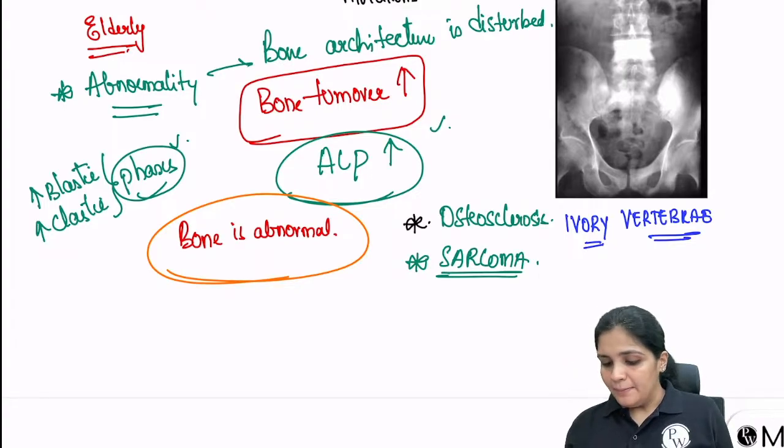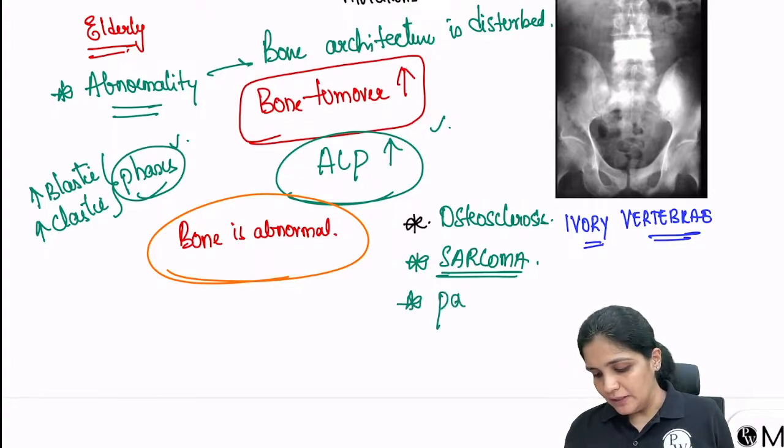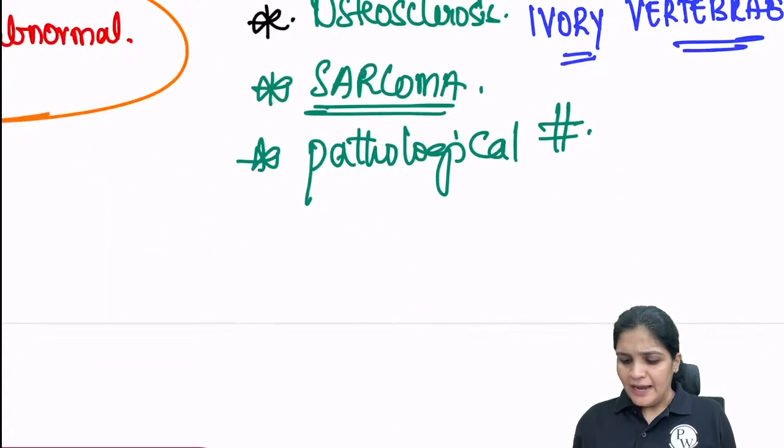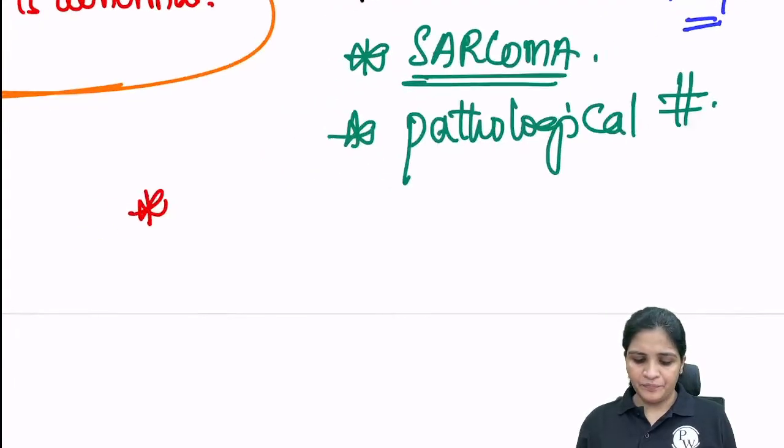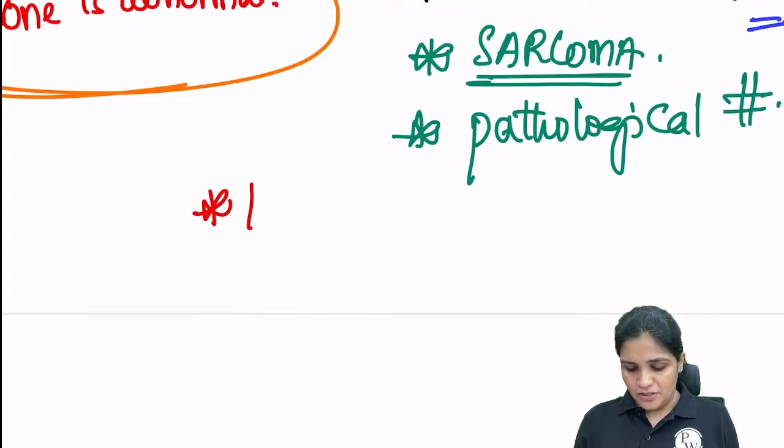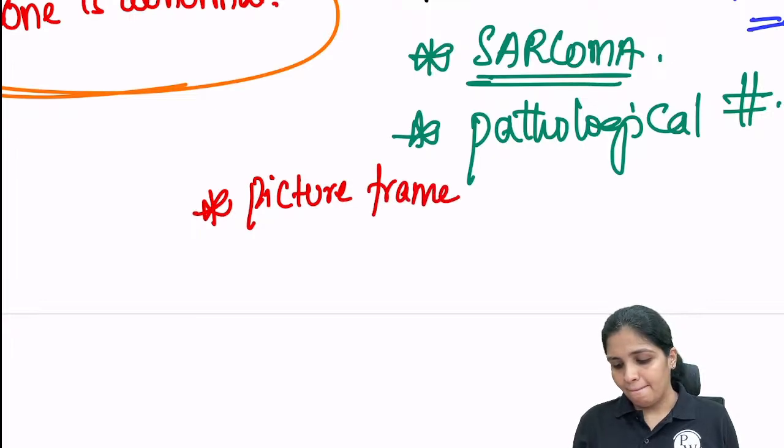But usually patients come with pathological fractures because the bone is abnormal. And what are all the signs you can see here? Increased sclerosis, the picture frame vertebrae, right?